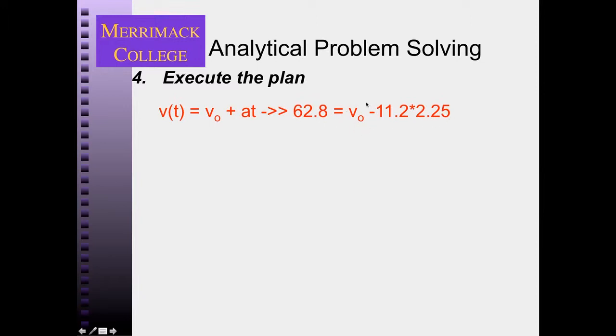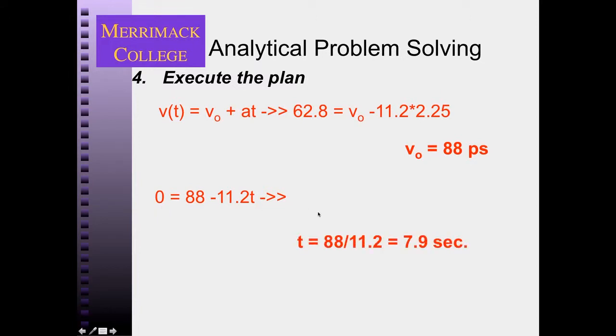So the initial velocity then is 88 feet per second. And again, if we plug in velocity as 0, what time will that occur? We can just solve for t, and that's 7.9 seconds.